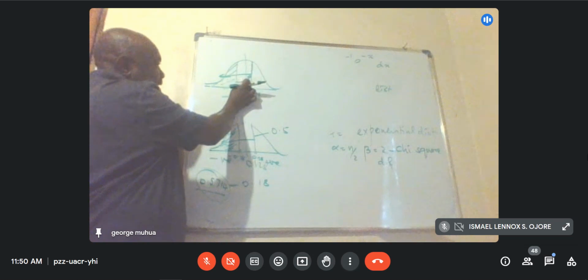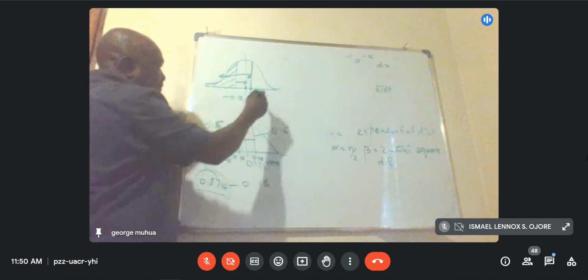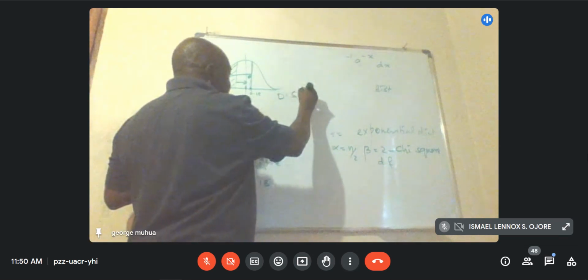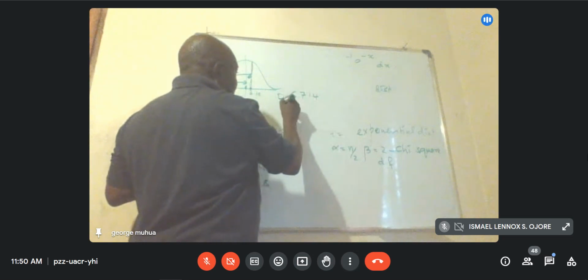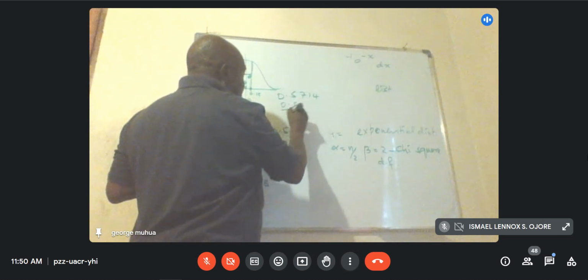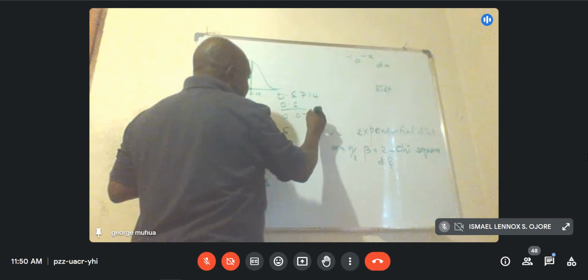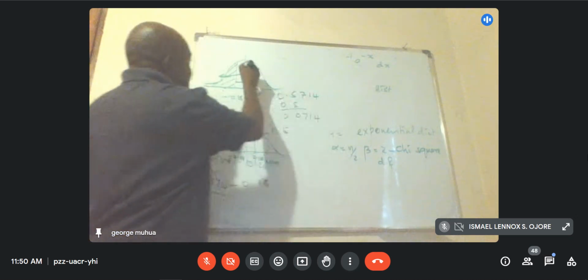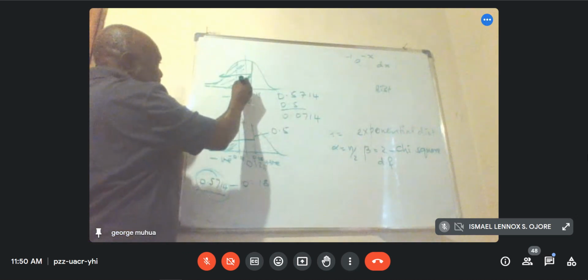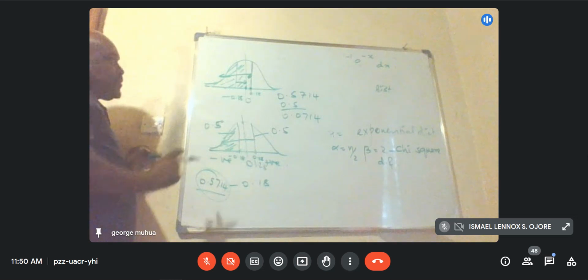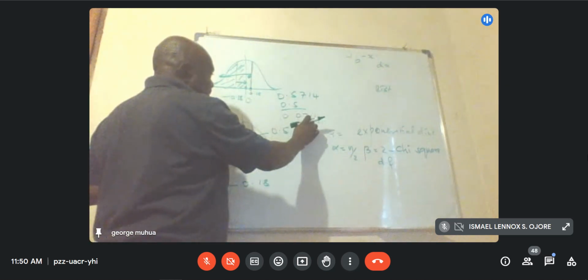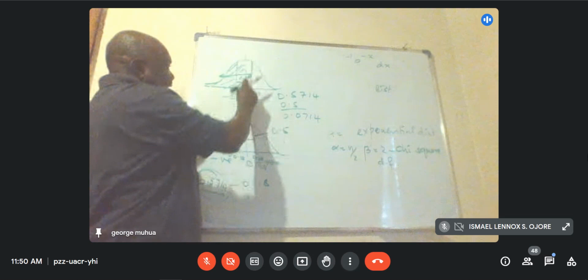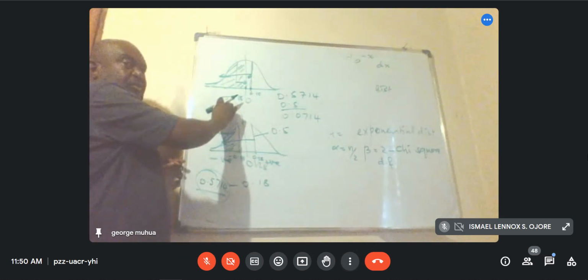What is this area? If I have 0.5714 and I remove 0.5, I'll get 0.0714. This is this area here. 0.0714 is now the area between 0 and negative 0.18.